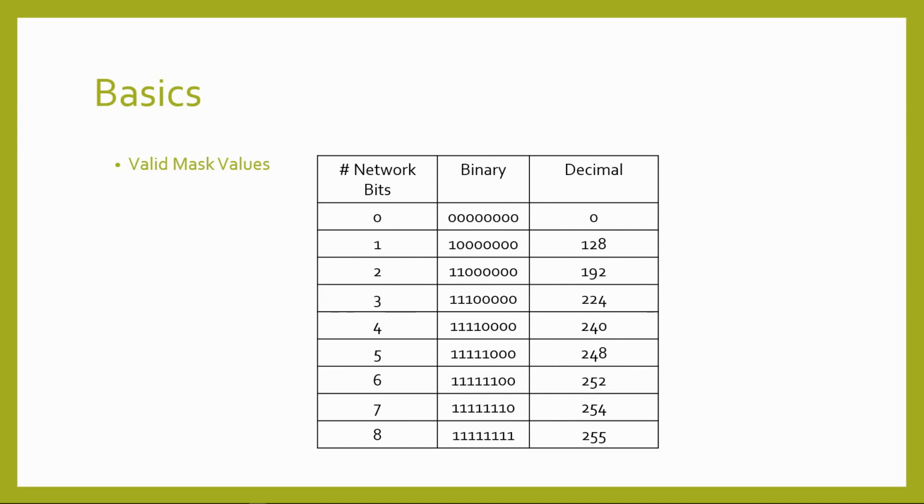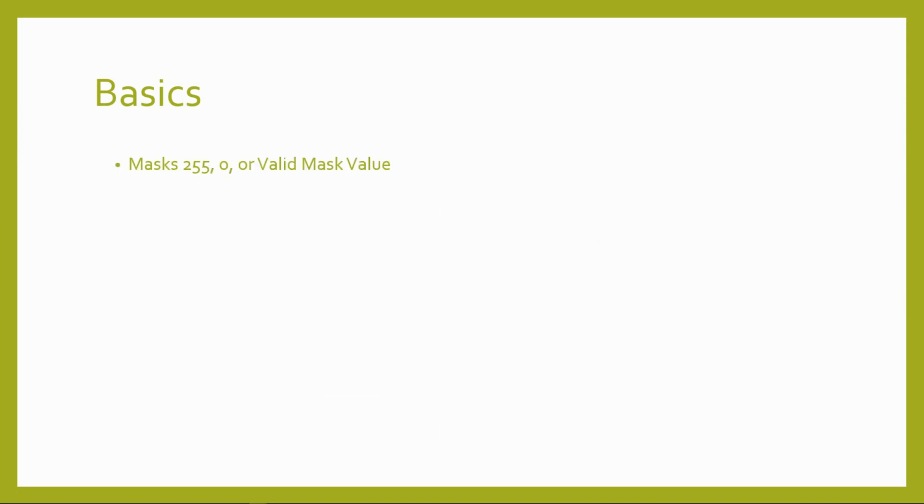So it's very easy for us to understand. The way a mask would look is very simple. You have 255 on the left, you'll have 0 on the right, or you'll have one of our mask values in it, and that's how we figure this out. Examples of what this would look like are 255.255.128.0. That matches because 128 has just the high order bit, or the 8th bit, set.